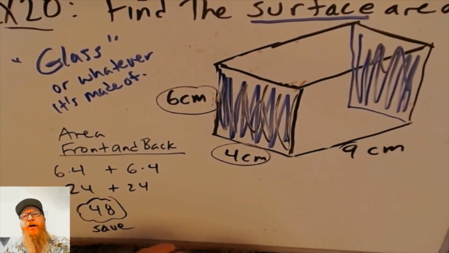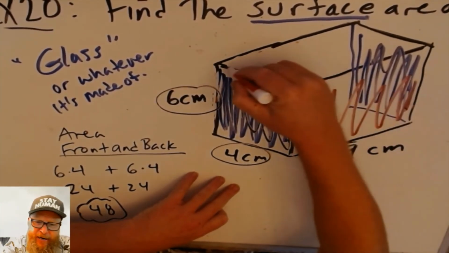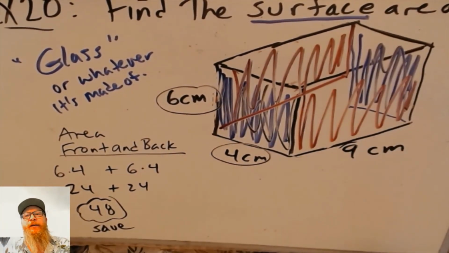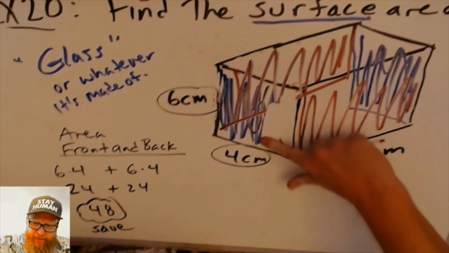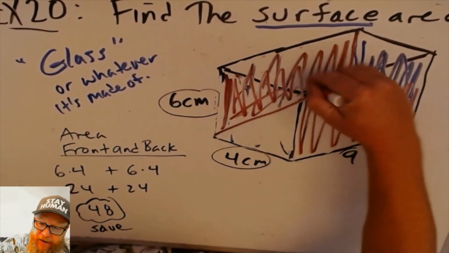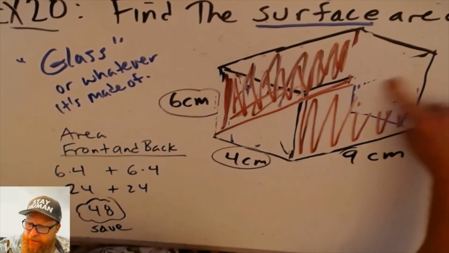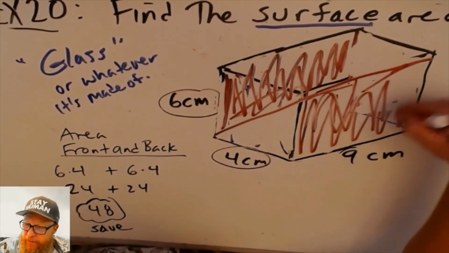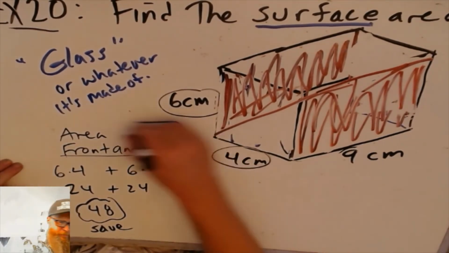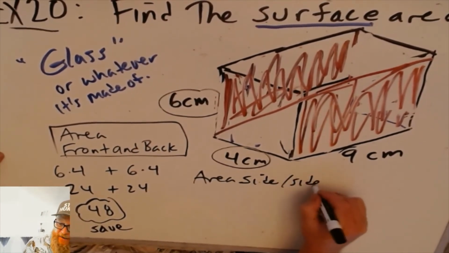All right. Well, you also have a side, and then you've got an equivalent side over here. I know it's getting really messy. Maybe if I get rid of the blue, it'll help. So I've got this side back here that's in red, and this side that's in red. And let's try and get rid of some of that blue. So I've got area, side, side.